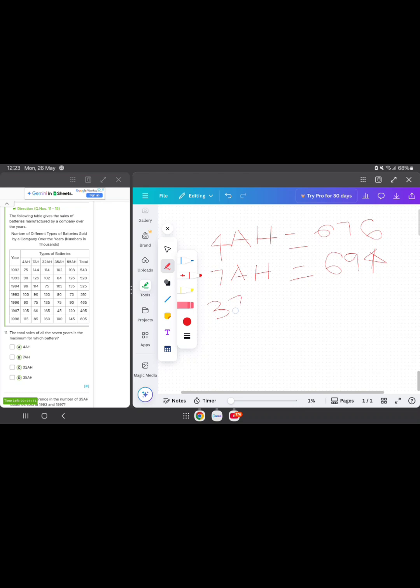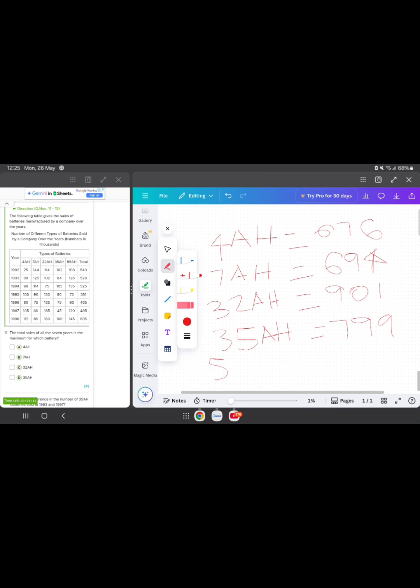Okay, and then for 32AH, 114 plus 102 plus 75 plus 150 plus 135 plus 165 plus 160, which gives us 901. Okay, and then 35AH, we've got 108 plus 126 plus 135 plus 75 plus 90 plus 120 plus 145, which gives us a total of 799.